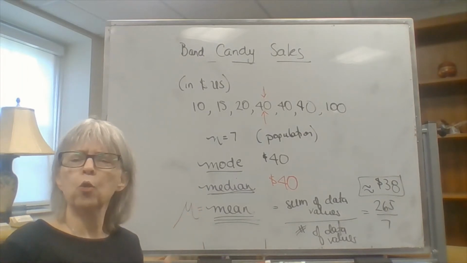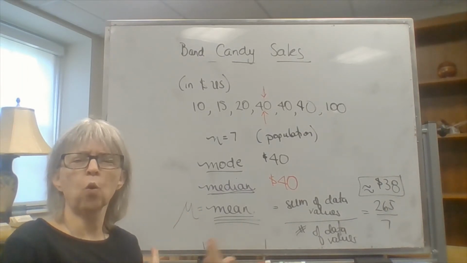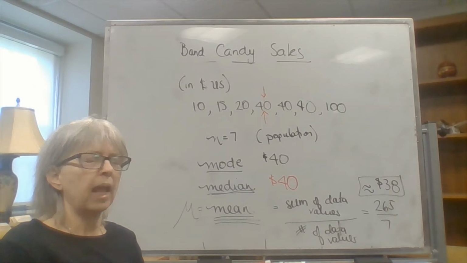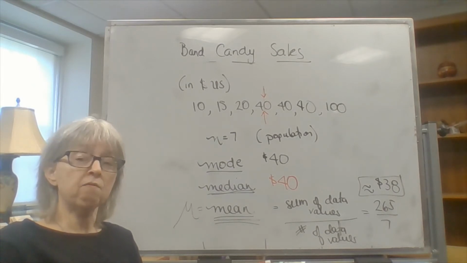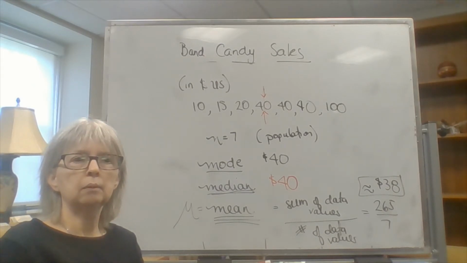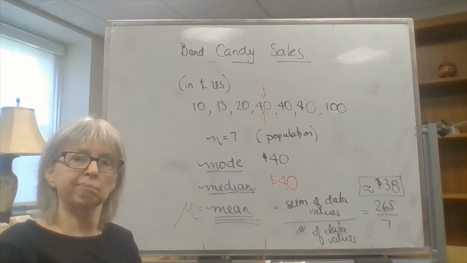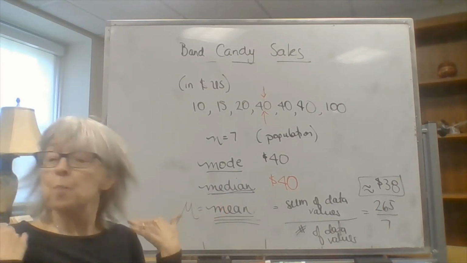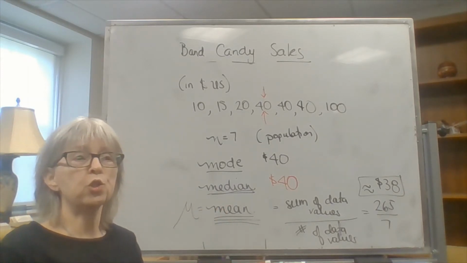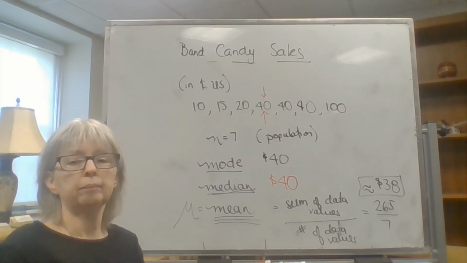Central tendency are the words that are much more formal. Average is the most informal. Center or middle, kind of in between the formal and the informal. But there are many different numbers I could use to describe middle.